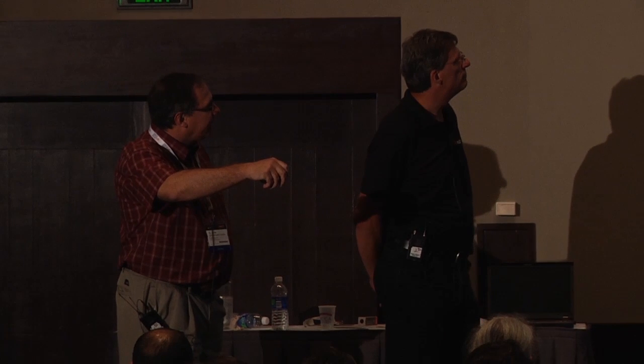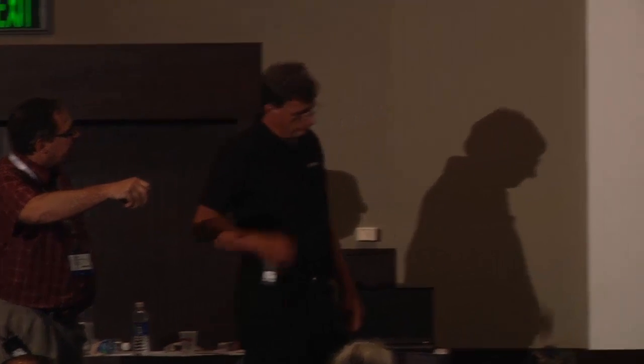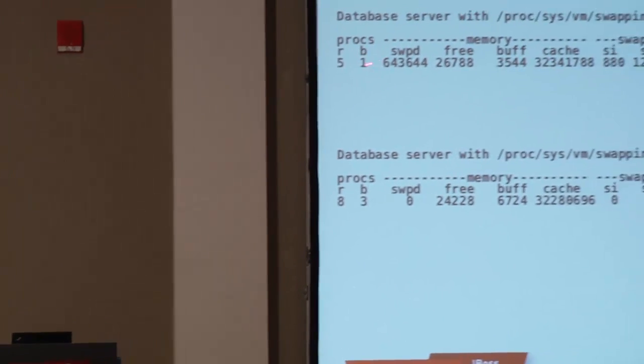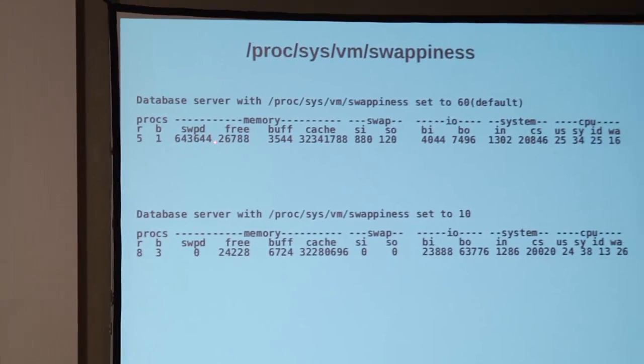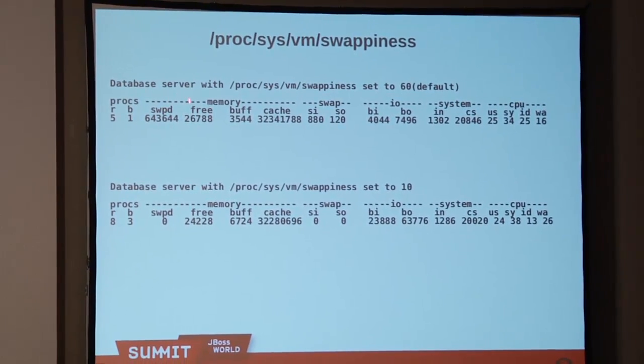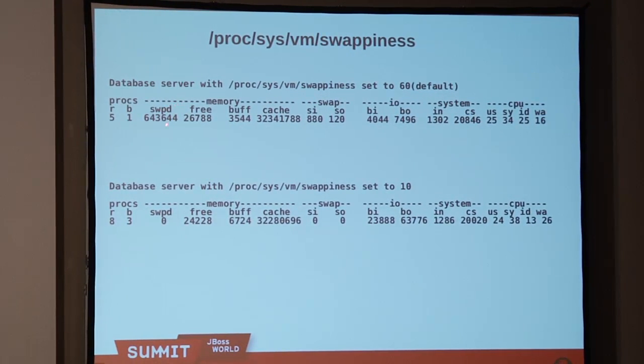So a quick example here, right? In this case, with a swappiness value of 60, we're doing file I/O. How do you tell what's happening here? There's how much memory is in swap, free, buff, and this is the page cache value. You see we pretty much filled up most of memory.